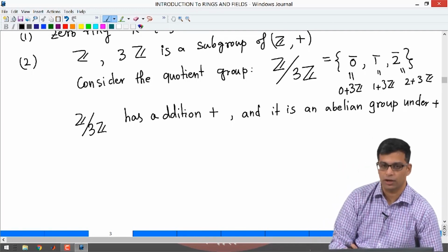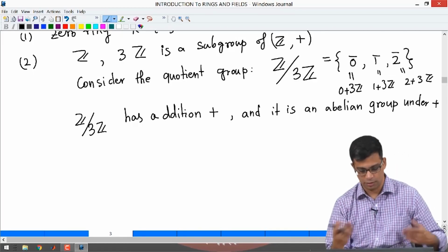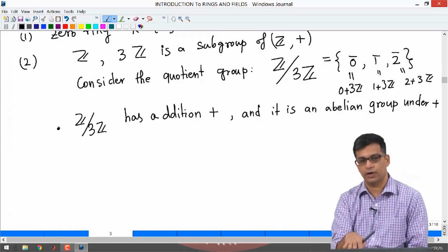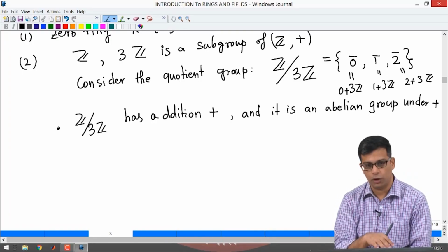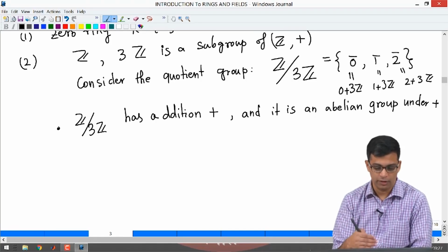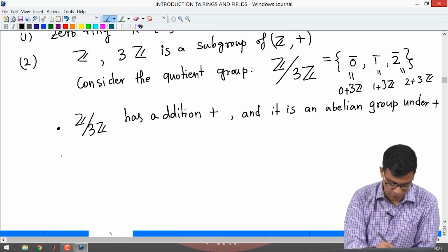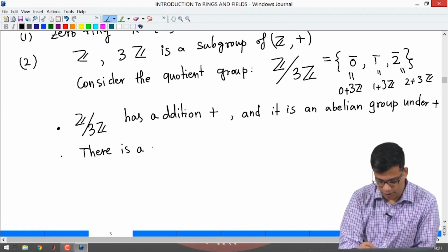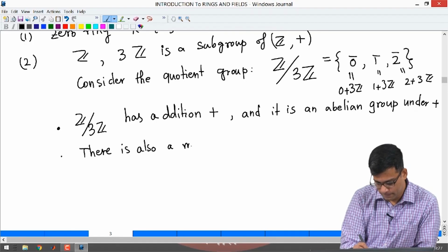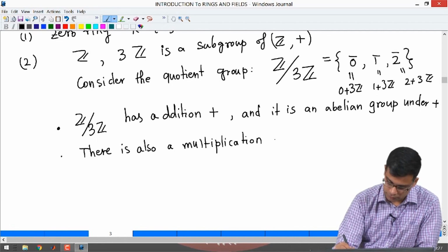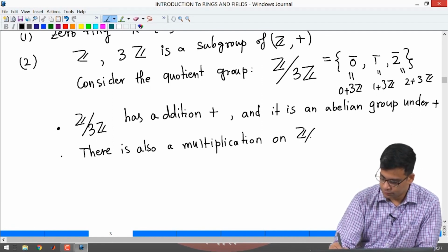It is a group of order 3 under addition, so it is abelian. But this is where you would have stopped in group theory. Now, I want to introduce a multiplication on this set. So I want to say that this also has multiplication, and then I want to ask, is it a group? There is also a multiplication on Z mod 3Z.